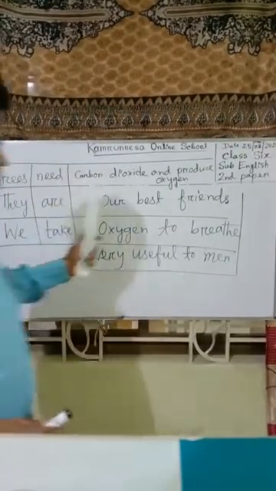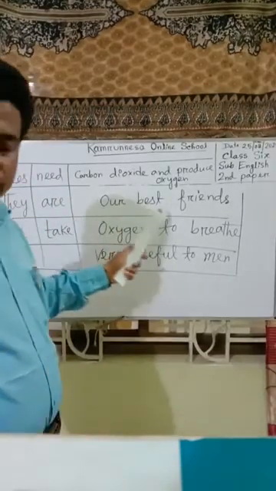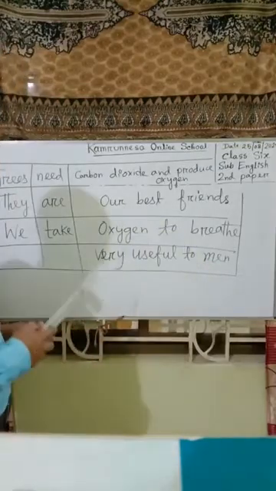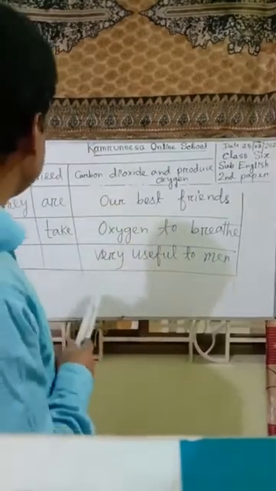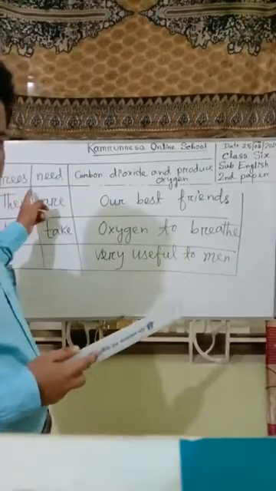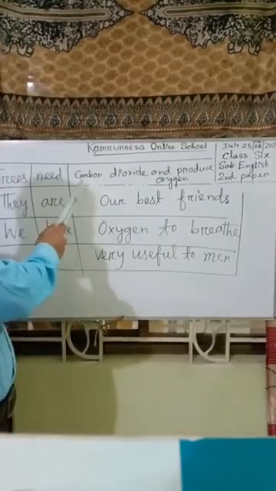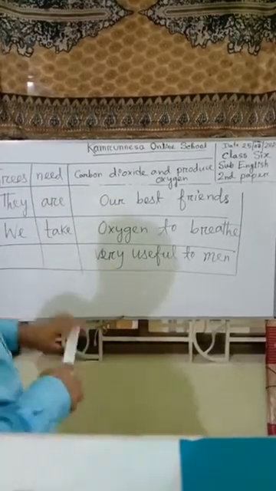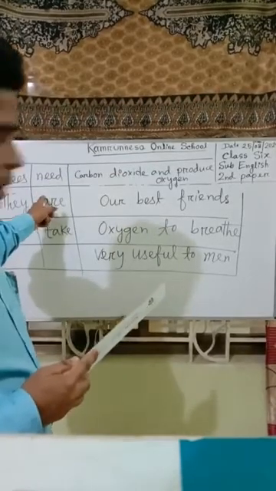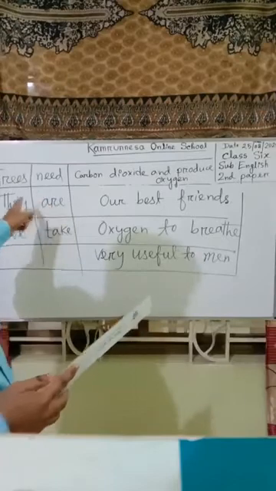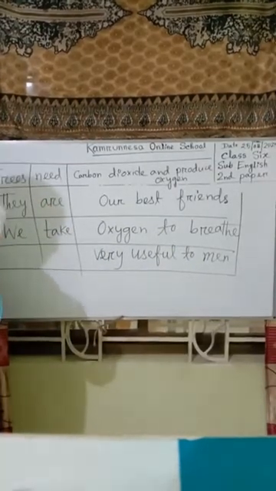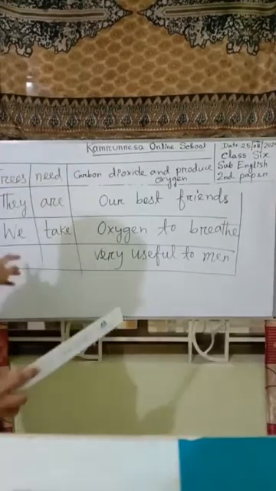So, after reading this table, we can understand that this passage has been highlighted on trees, and in this table we can easily guess that trees should be the subject, and this is a noun. After that, in the lines, they, we, these are pronouns.